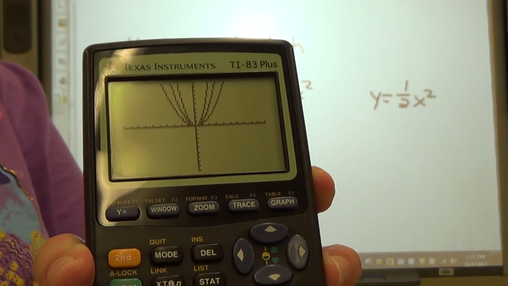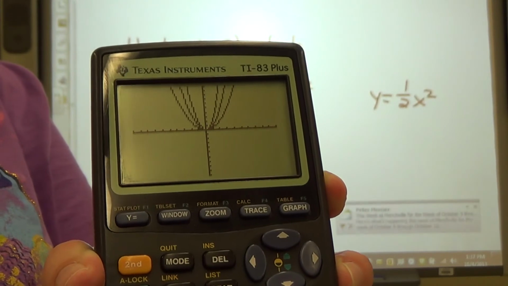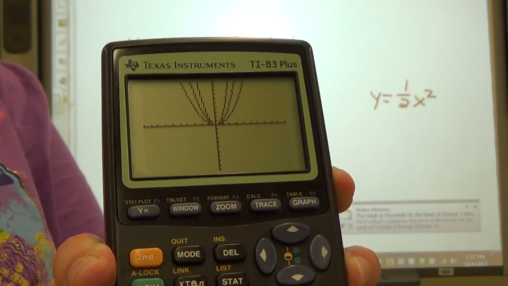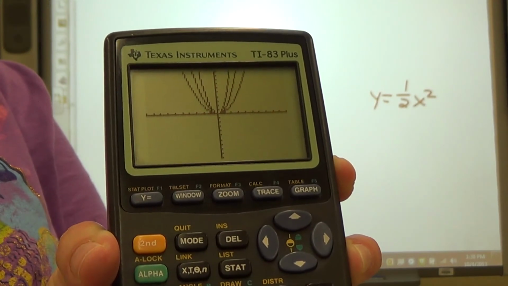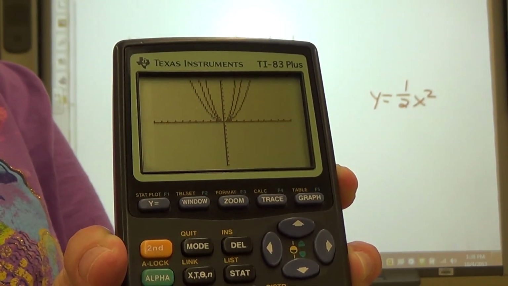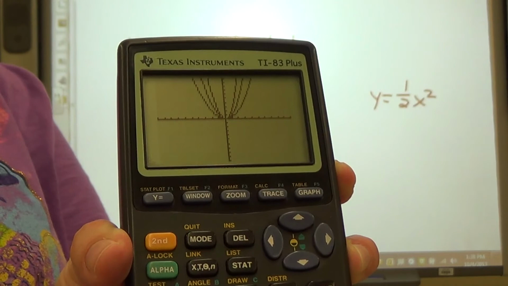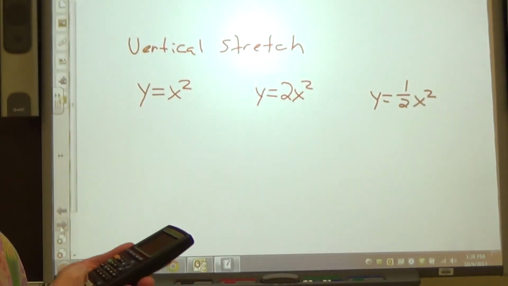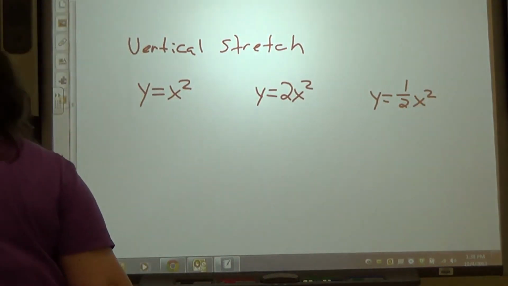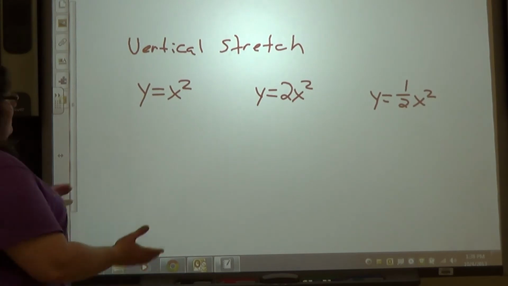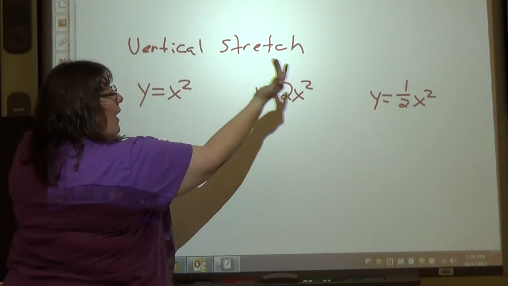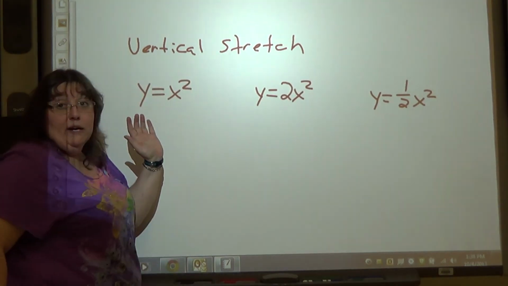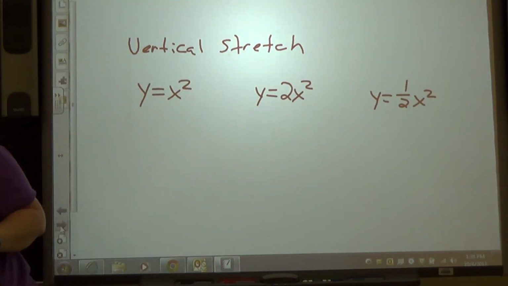Well, depending on that a, the number in front, will determine whether or not you have a wide or narrow graph. Okay? So that is what is considered your stretch value. All right? So keep that in mind when you're looking at the work, that you're looking at something that's going to either make it bigger or smaller. All right? Wider or narrower. All right? That's what stretch value is about.